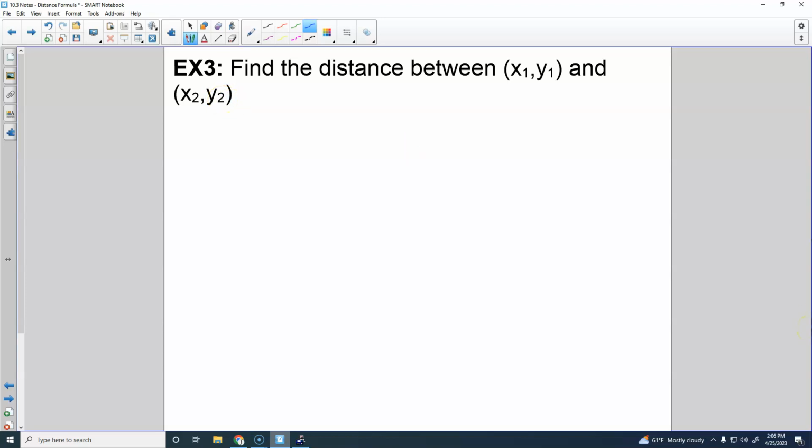So let's try the same thing that we just did with these points. Okay, so what's the first thing that we did? Subtract x's. So in this particular case, it doesn't matter which one comes first. I'm going to do x1 minus x2.